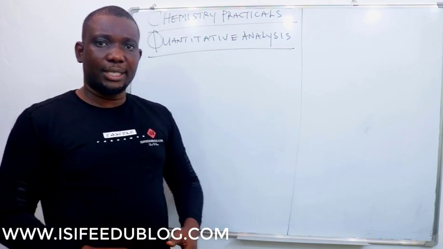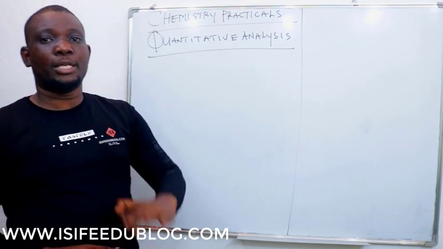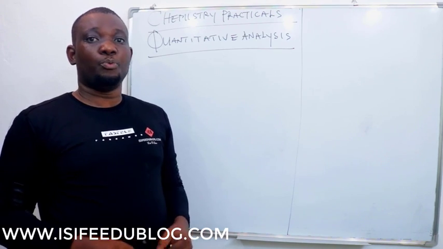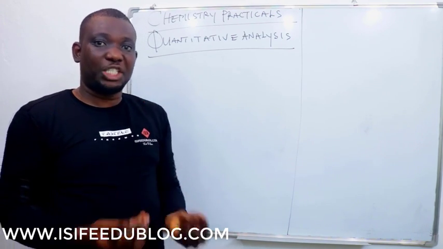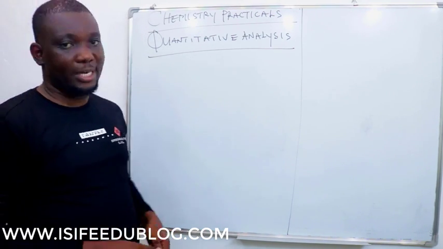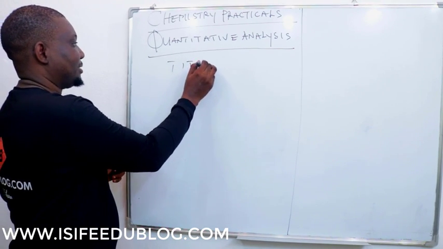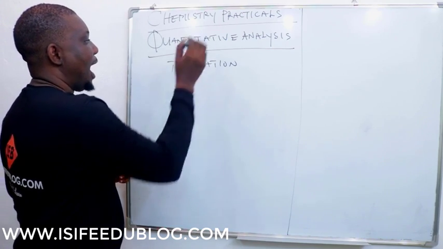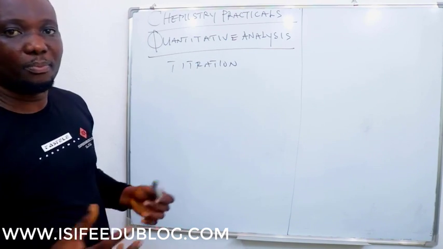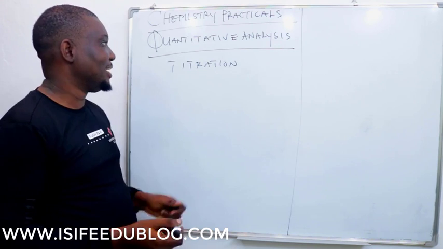I'm going to give you a list of 10 pieces of apparatus that must be available to achieve these reactions in titration experiments. So whenever you are titrating, the following are the materials needed.